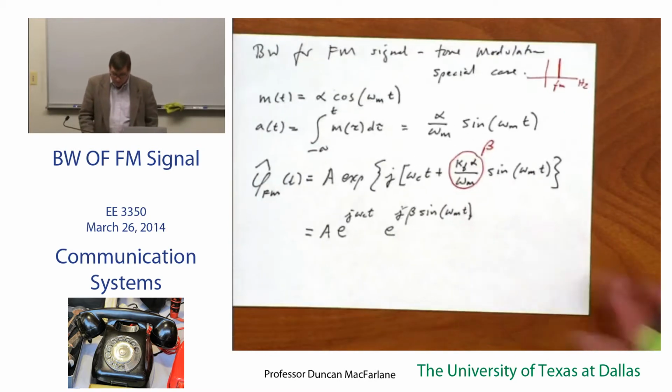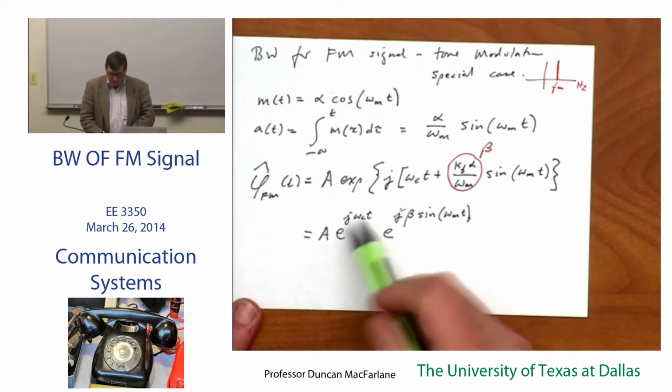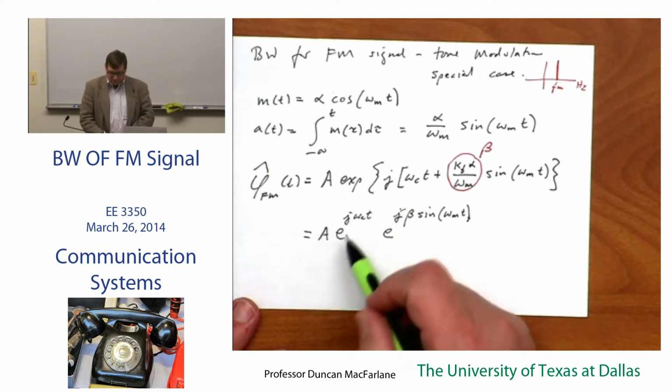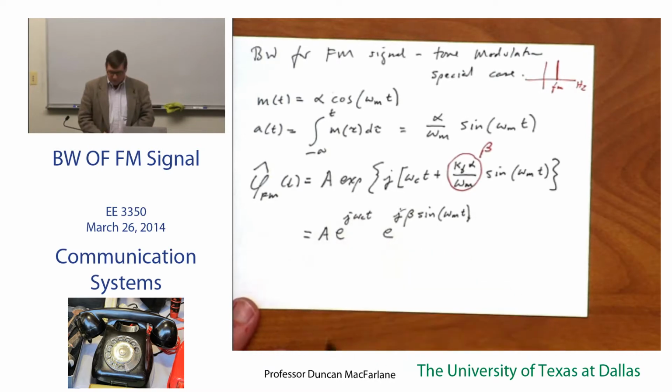Okay. Now here's my nice formula for my FM signal for a single tone, for a tone message signal, a single note that I send out. Remember, all these guys are sines and cosines, right? So this is cosine of omega ct plus j sine of omega ct.